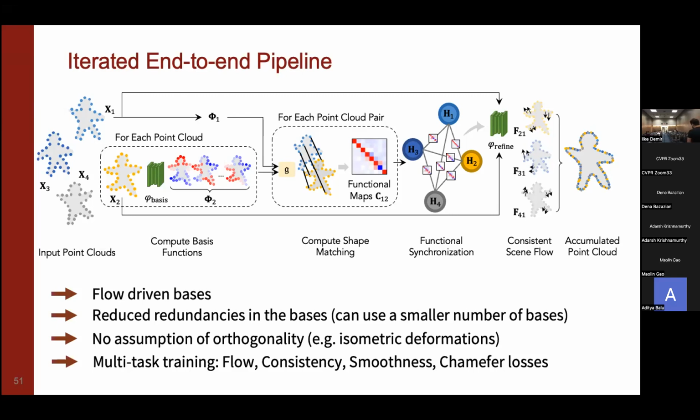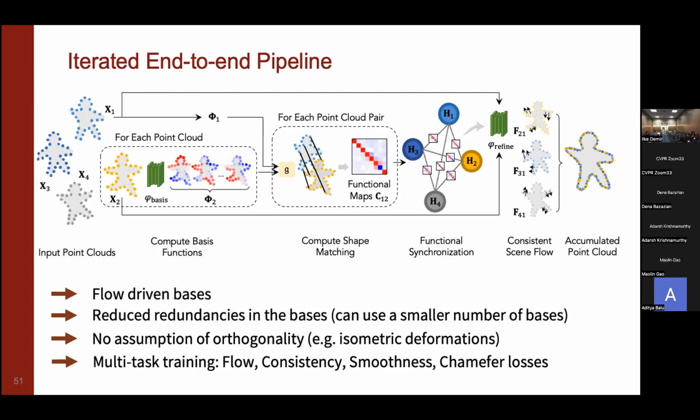Good. The good part of this is that now we have a flow-driven computation of the basis functions. Very interestingly, this goes a little in the opposite direction of what mathematics would say. Orthogonal basis functions are independent, and you would assume that a minimal set of basis functions required for any problem would be achieved through an orthogonal basis.